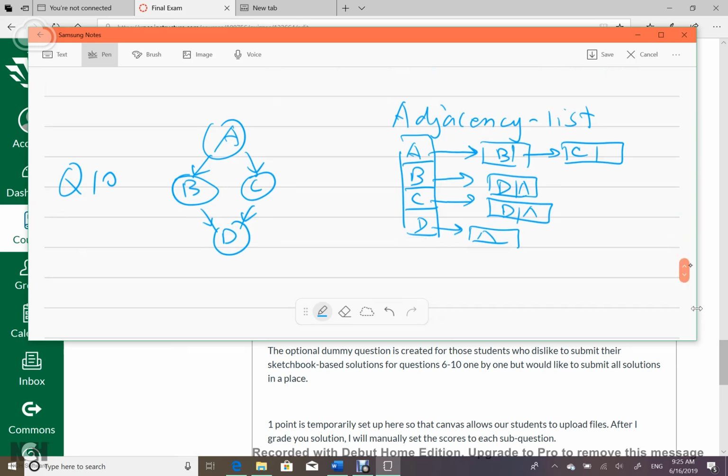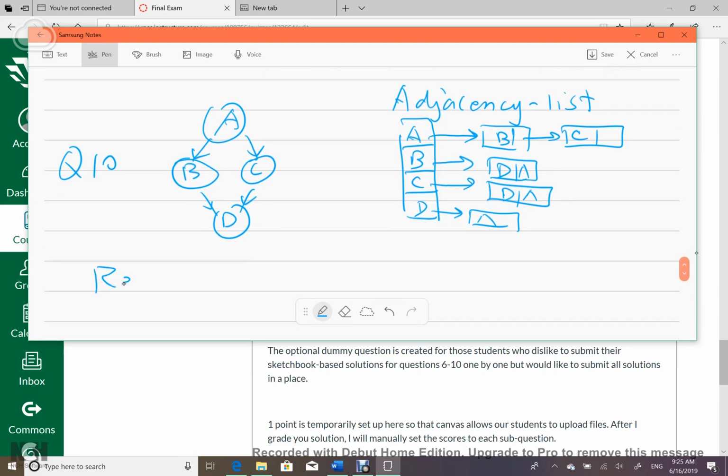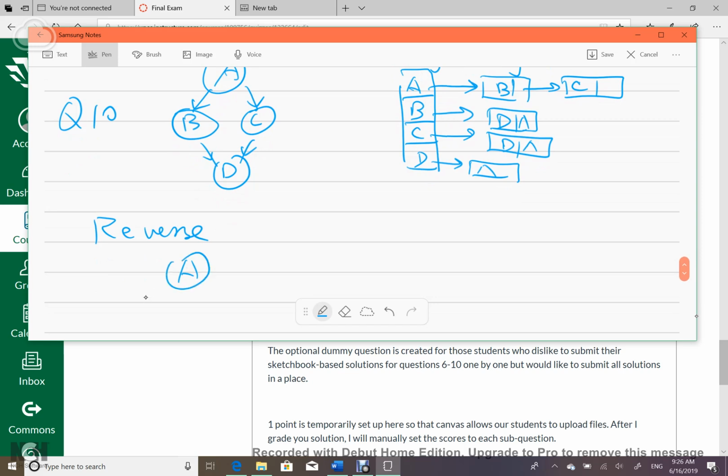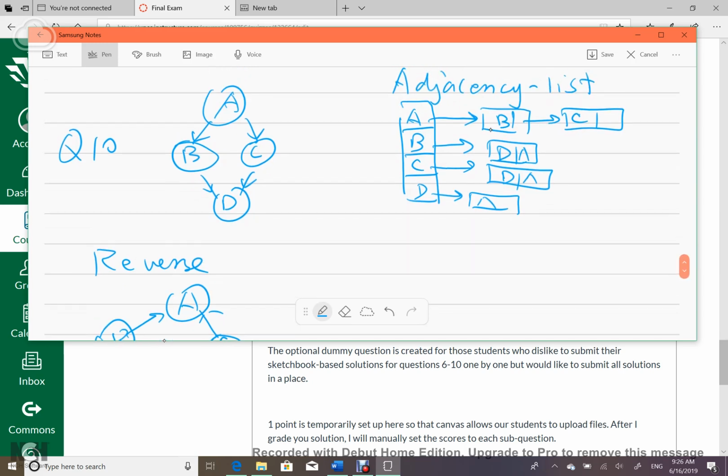So we want to reverse that. We want to reverse that, corresponding to that, we need to have A, B go to here, C go to here, and D. This will be the reverse, right? We reverse the edges. So in that case, what is the algorithm you can use? Since you want to reverse, you go through this list and go to here.